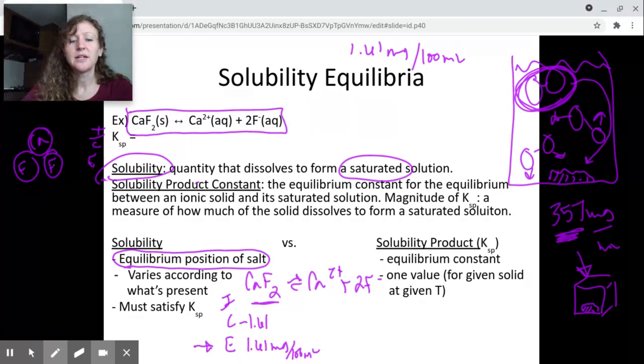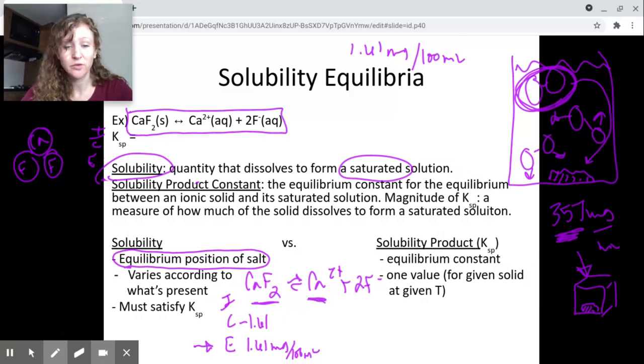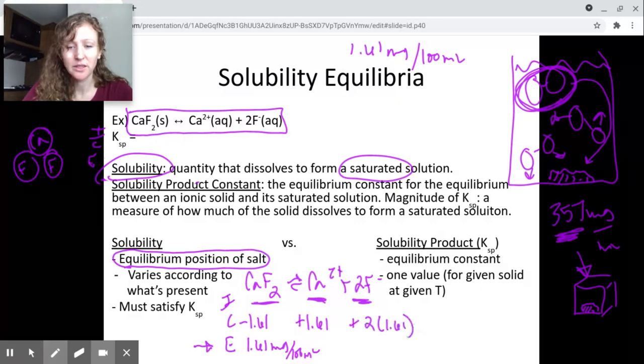So when that one unit dissolves, we get 1 calcium. If we lose 1.61 of calcium fluoride, we're going to gain 1.61 calcium. And we get 2 fluorides, right? So we're actually going to gain double that amount, 2 times 1.61 in fluorides.